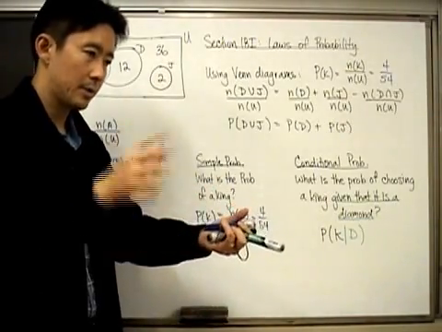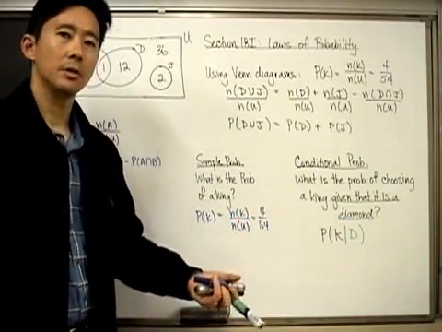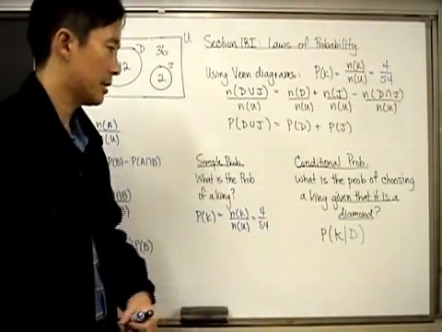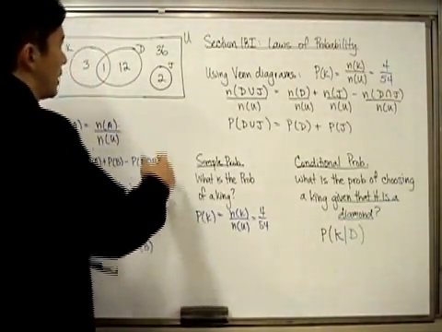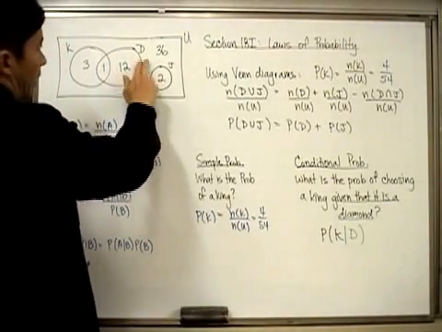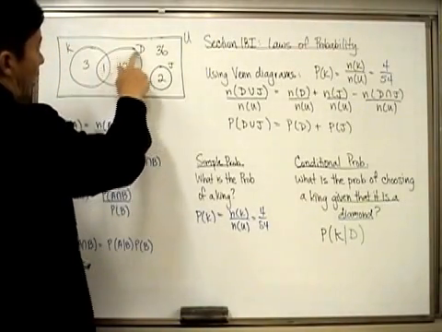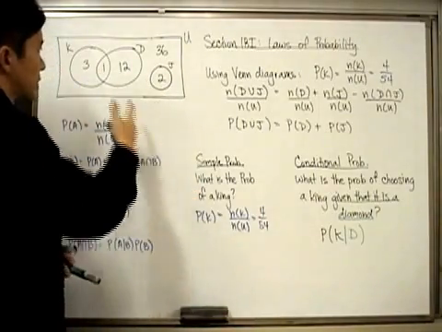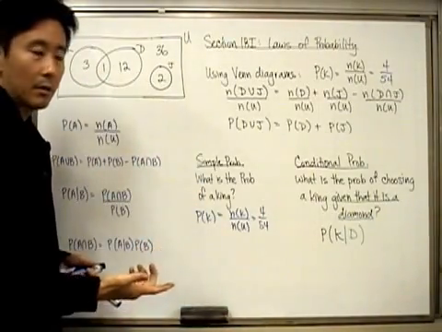So out of all the diamonds, what's the probability of choosing the king? Of course, we know we have 13 diamonds, and in the 13 diamonds, we only have one king. So the probability should just be 1 out of 13.